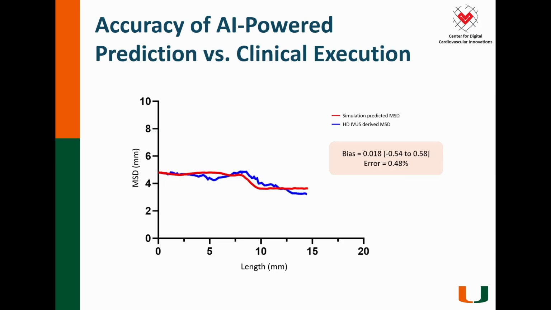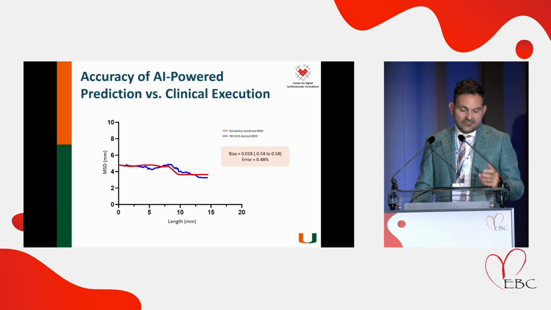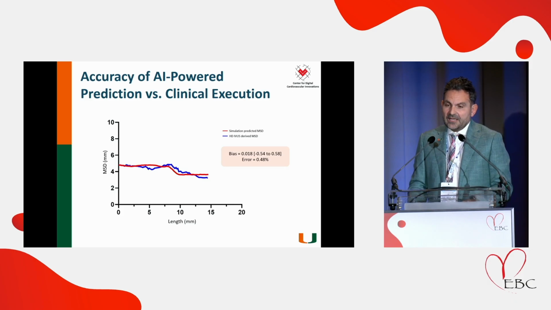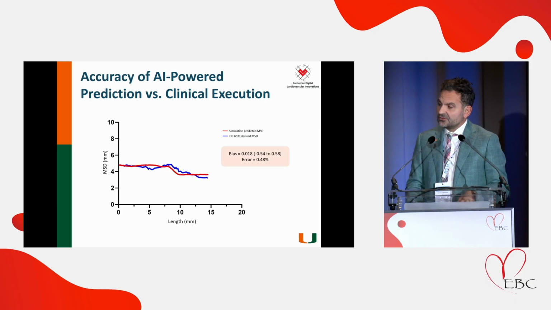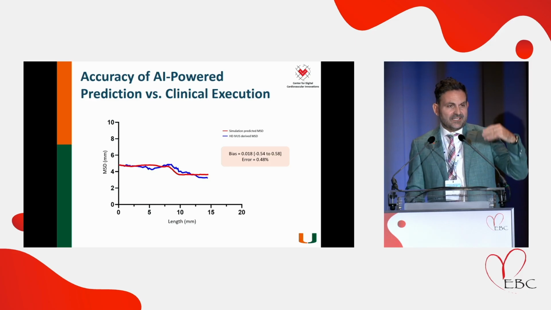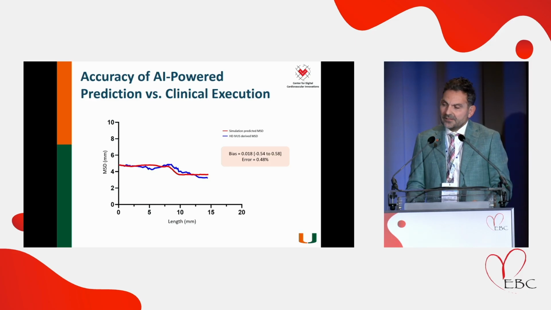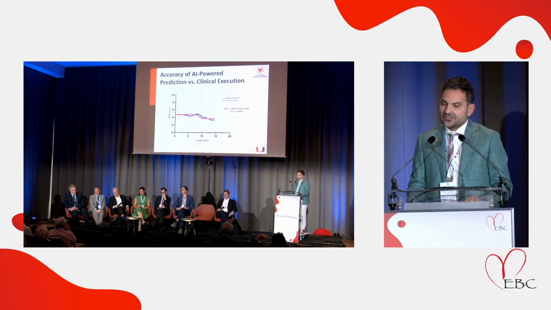And here is the question that many of us might have. How close is the clinical execution to the prediction? And you see here the difference. This is the MSD, the minimum stent diameter across the length of the stent, based on the prediction, the red, and based on the actual HD-IVUS, the blue, a difference of 18 microns.